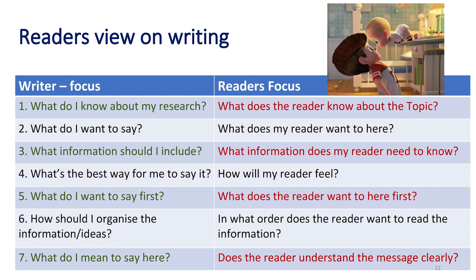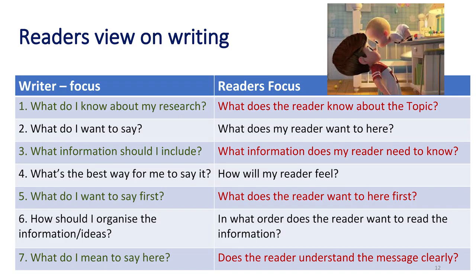The reader would like to know about the topic from a different perspective. Remember, the reader would like to know more about the topic. If you are going to write about the known facts over and over again, the reader will not be interested in reading your work.